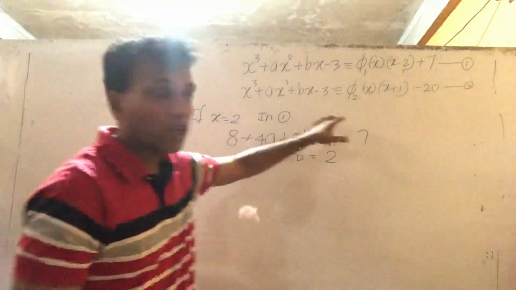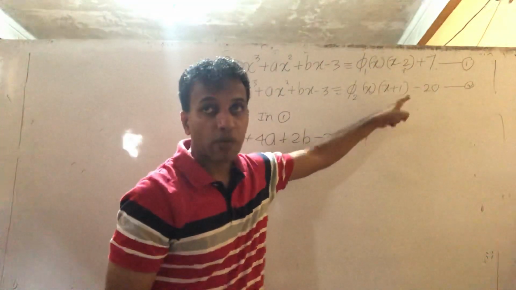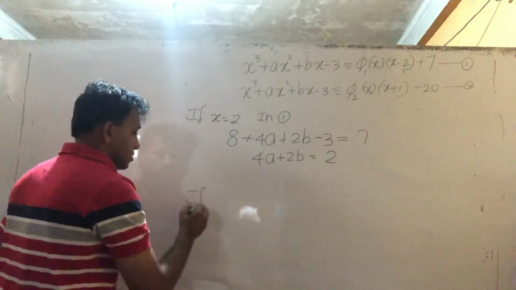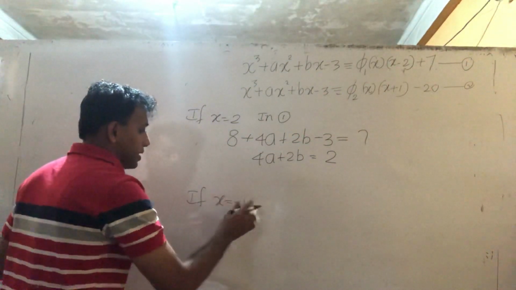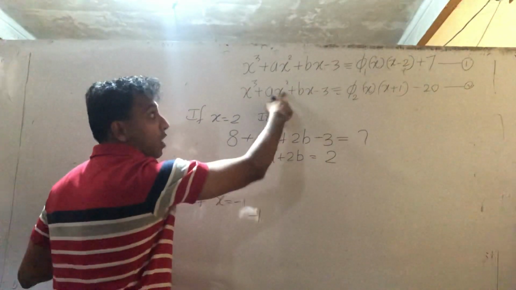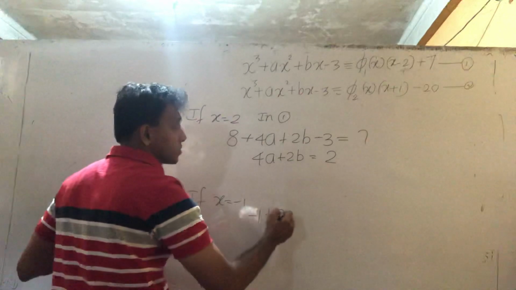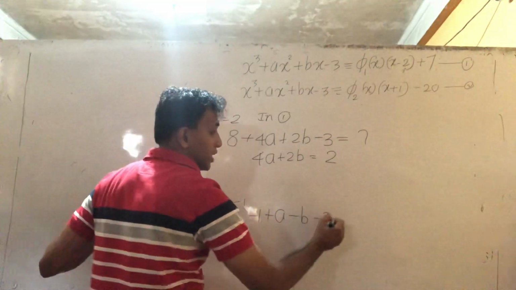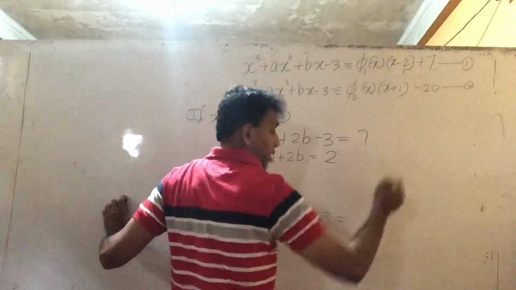Now come to the second equation, make this 0. Put x as minus 1. If x equals minus 1, here what? Minus 1 squared, 1a, minus b minus 3 equals, the quotient part is 0, right? Minus 20.